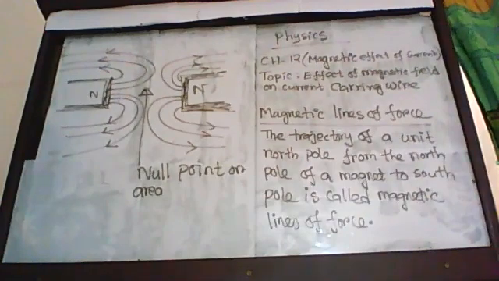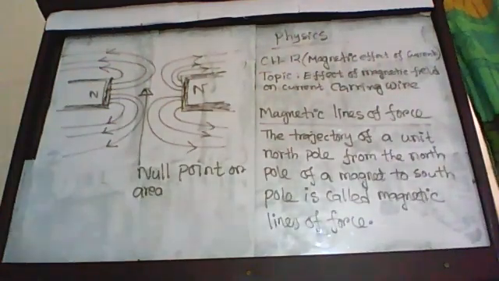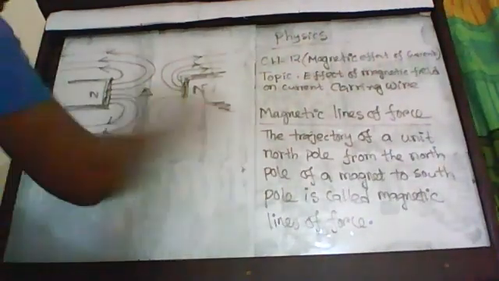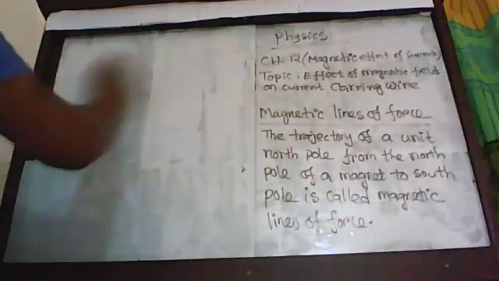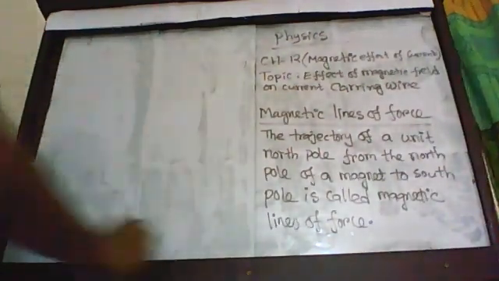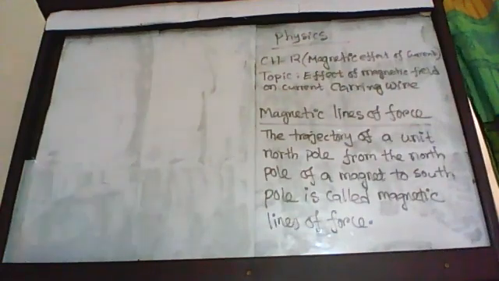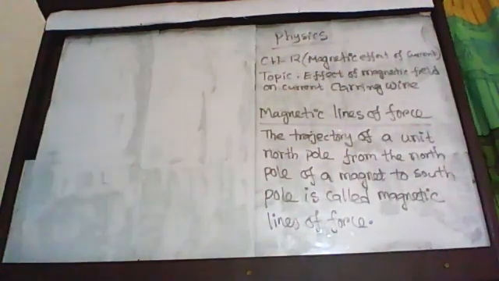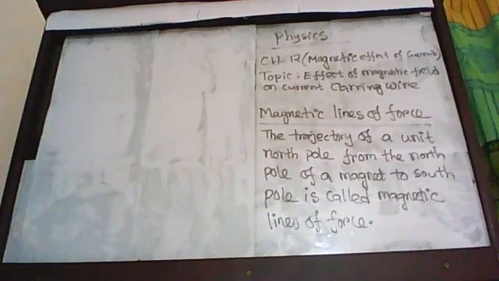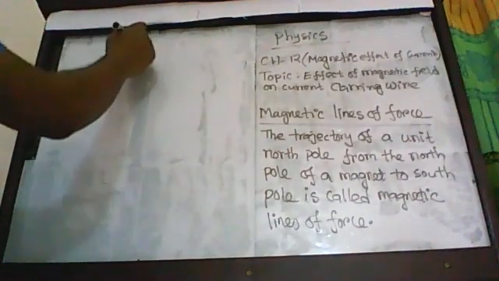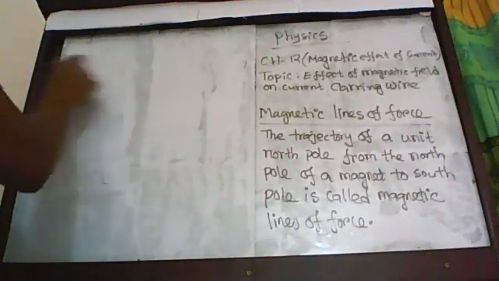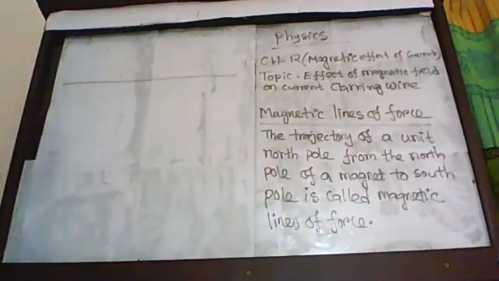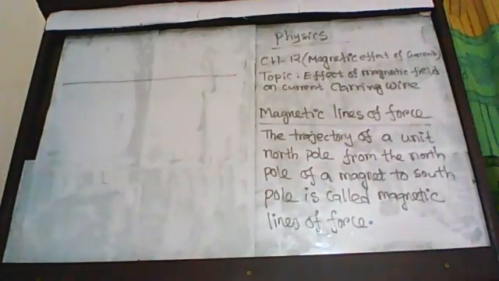Okay, clear? Now, boys and girls, I'm going to move to the main part of today's lecture: the magnetic effect of current, that is, the magnetic field around a current carrying wire. At first, I need to know about the current carrying wire and its magnetic field.